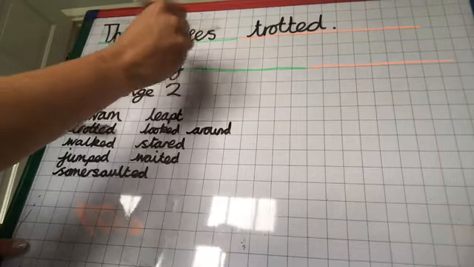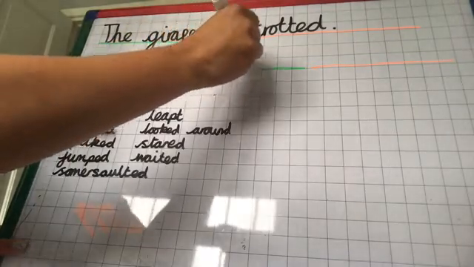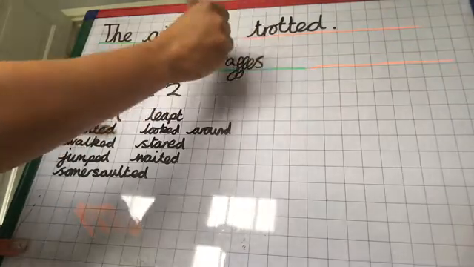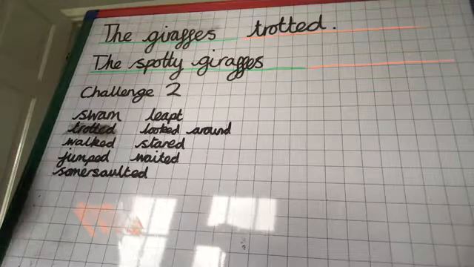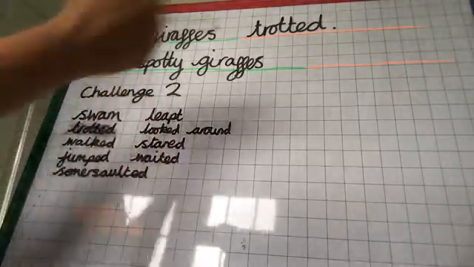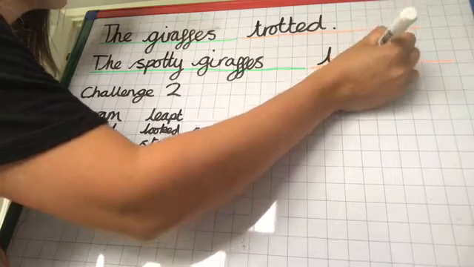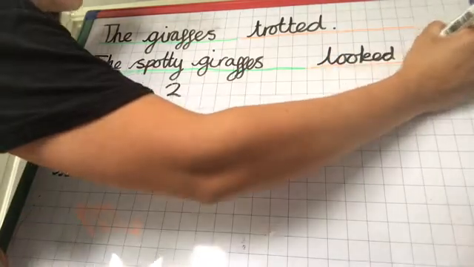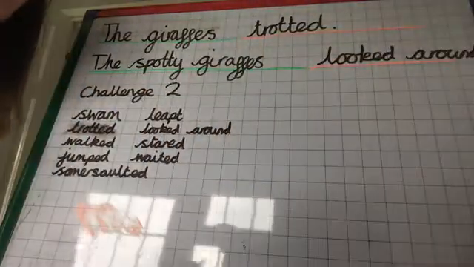The spotty giraffes. Okay? The spotty giraffe. Now this time I'm going to do the spotty giraffes looked around. And again, my predicate tells me what my subject was doing.